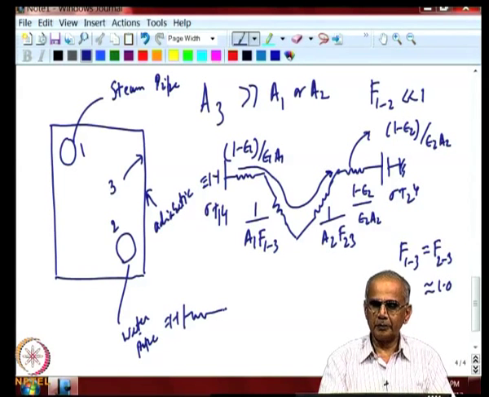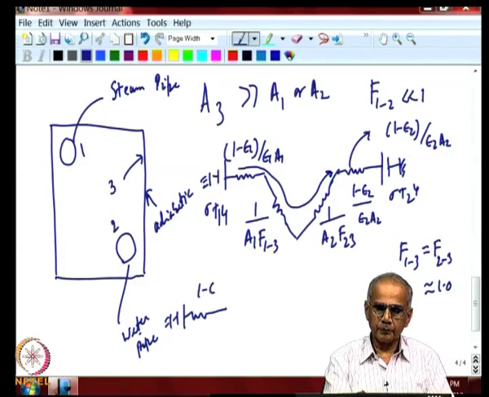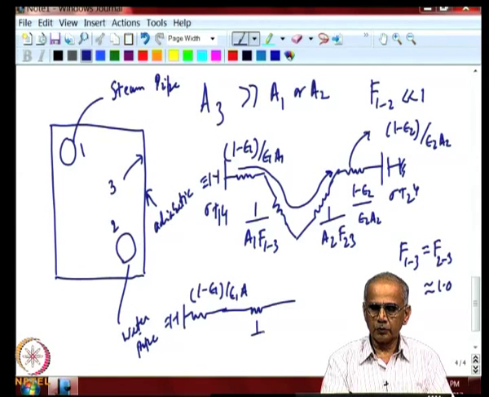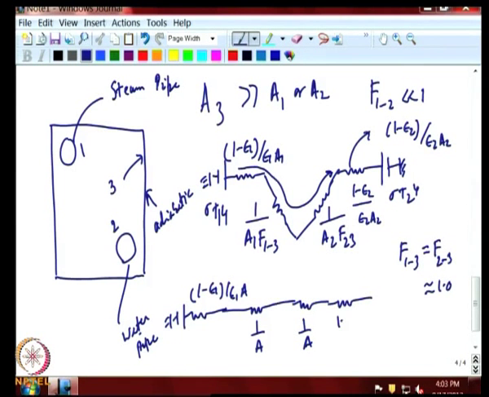And let us make life easy by assuming the two areas are same. So, 1 by epsilon 1 A, this is 1 over A, now there is another 1 over A, and you have 1 minus epsilon 2 over A, and the second battery.